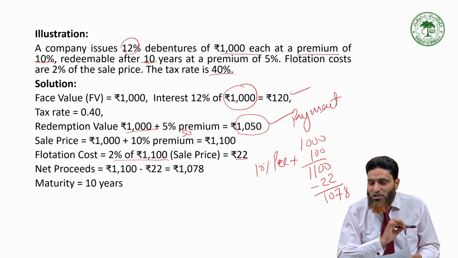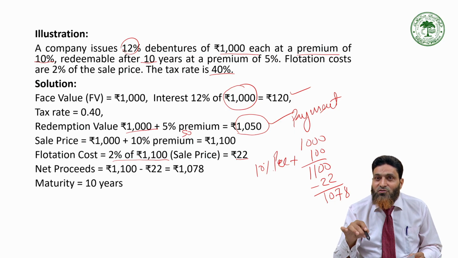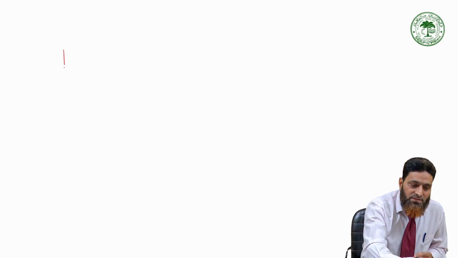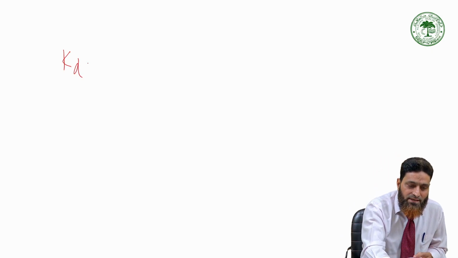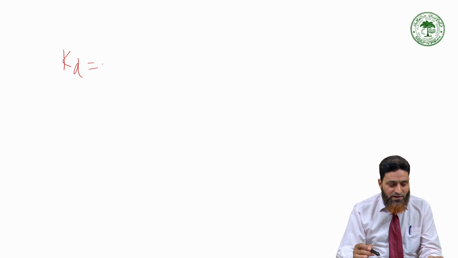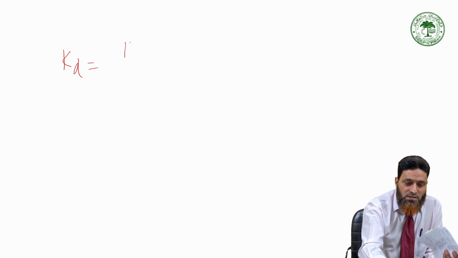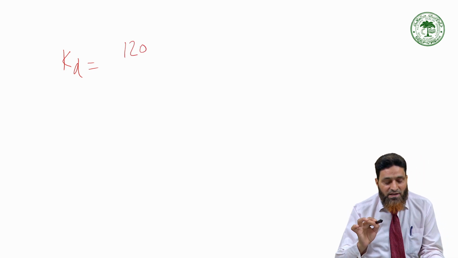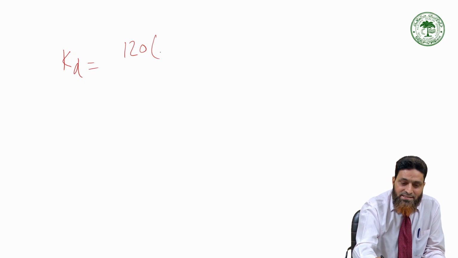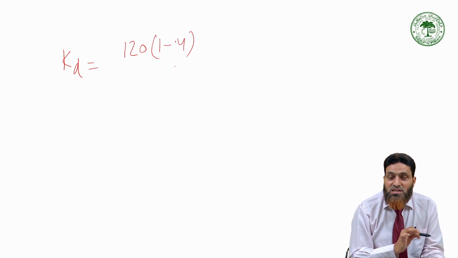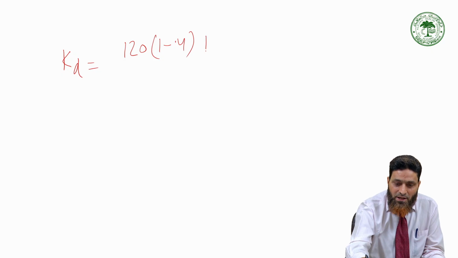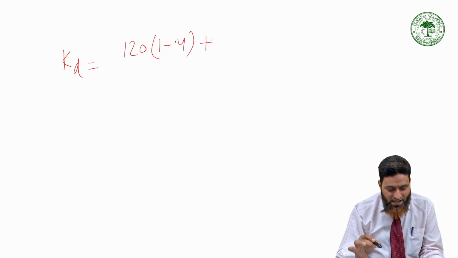So everything is already calculated, you only have to place the values in the formula, the formula for cost of debt. How much was the amount of interest? The amount of interest was 120, and the tax factor was 1 minus 0.4, 40%. So this will be the annual cost, plus maturity value.